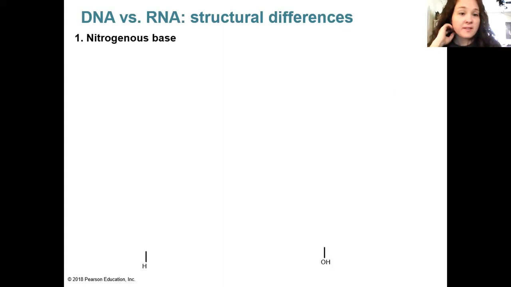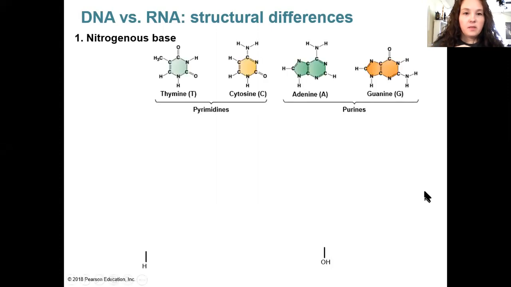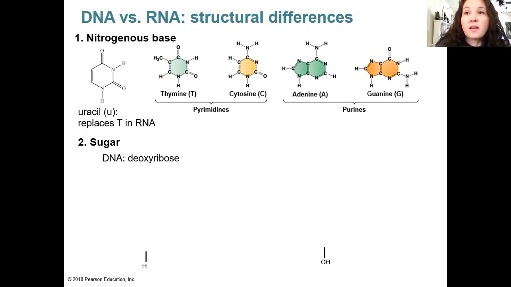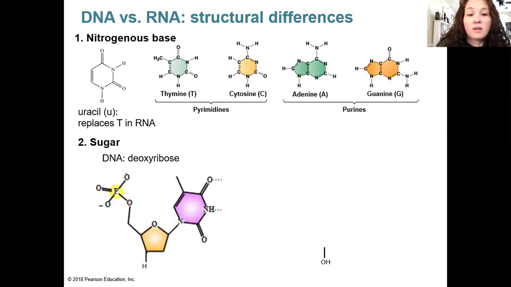The first is that in RNA, there's uracil, which is a different base, and it replaces thymine in RNA. So wherever you would see thymine, you see instead uracil. The second difference is that the sugar is different. In DNA nucleotides, the sugar is deoxyribose, right there with no oxygen.